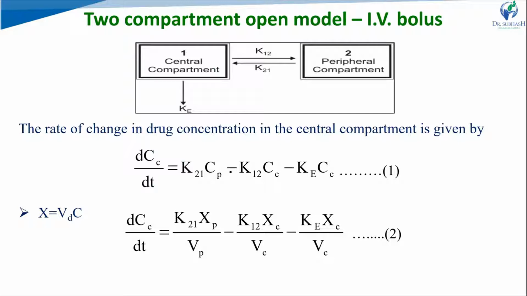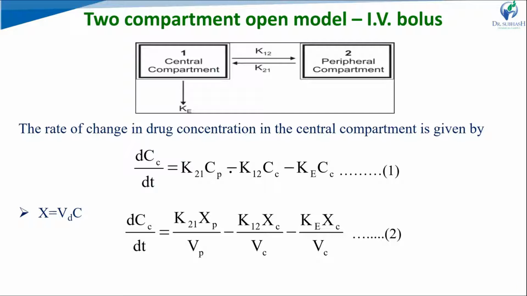The rate of change in drug concentration in the central compartment is given by dCc/dt = K21 Cp - K12 Cc - Ke Cc.